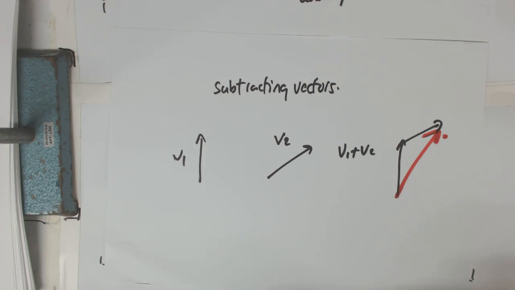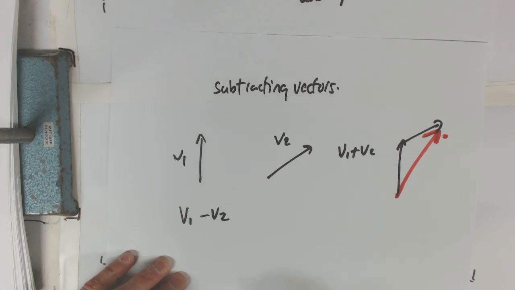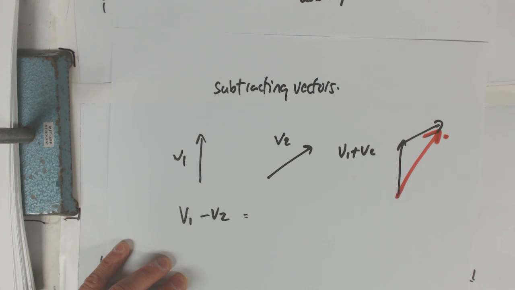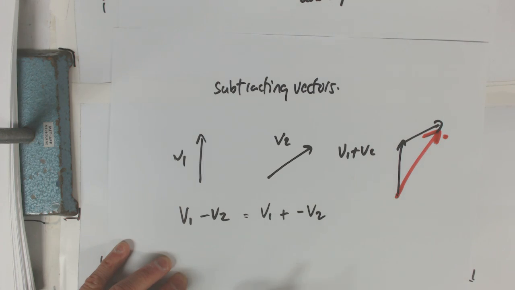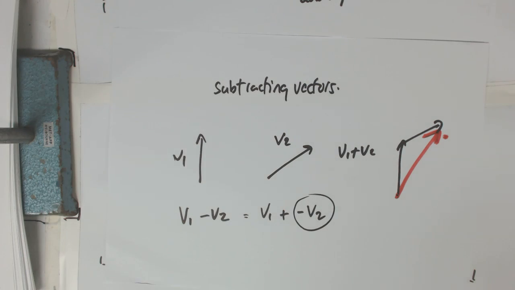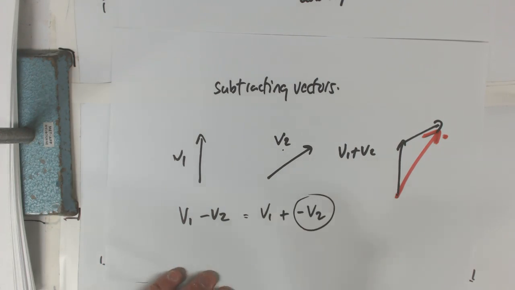Right? But if I said v1 minus v2, then it's actually the same as, just like with normal numbers, v1 plus minus v2. So when you go plus and minus, it's just like minus, right? But what's minus v2? Minus v2 is v2, but with the arrow on the other end.